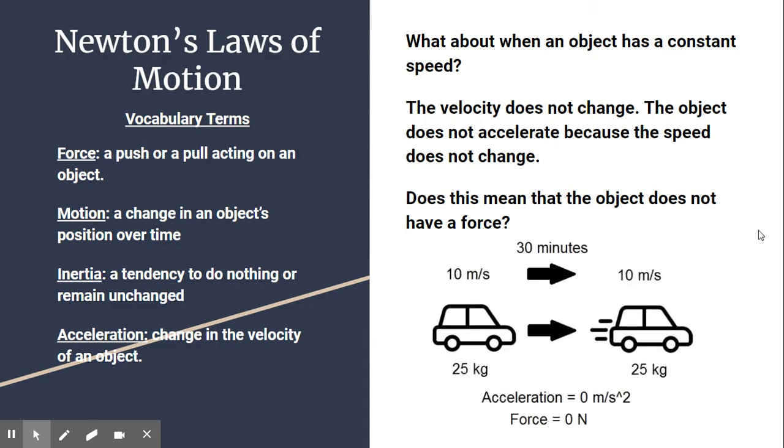Well, by the definition of a force, no. There was no force acting on this object. If you start out moving 10 meters per second, you drive along for 30 minutes at that same speed. There's no acceleration. That speed stayed the same, and so no force was applied to the car.